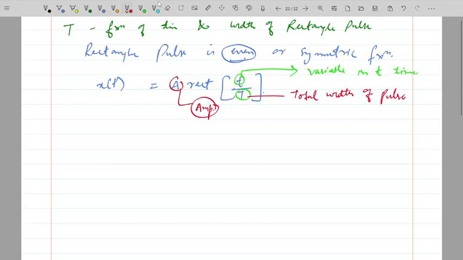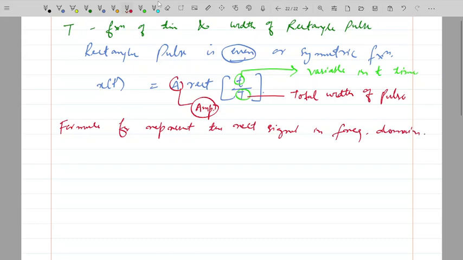So to represent the rectangular signal in the frequency domain, the formula is as follows. We simply denote this as x of f.